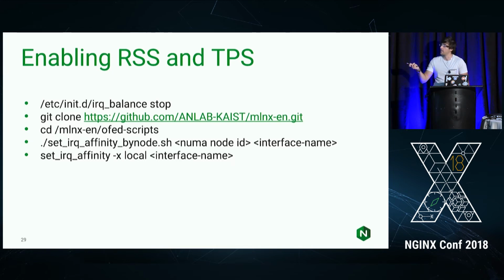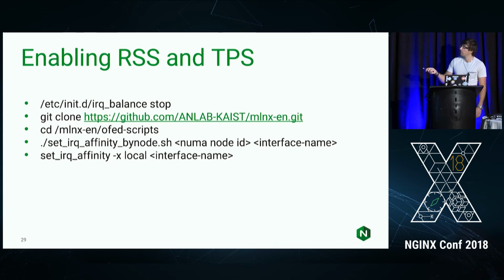There's a Linux daemon that balances it out for you, but we want to set it manually, so that we can bind all the interrupt request lines from this interface name to a node. So we turn off IRQ balance.